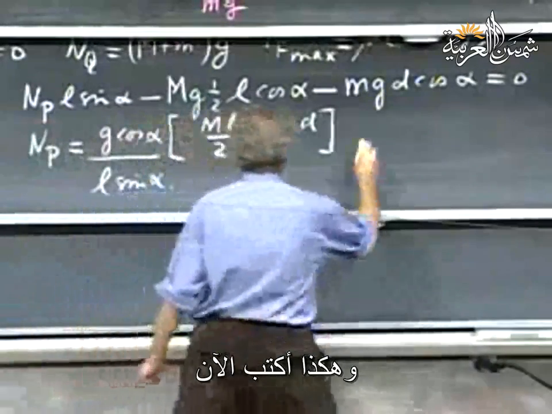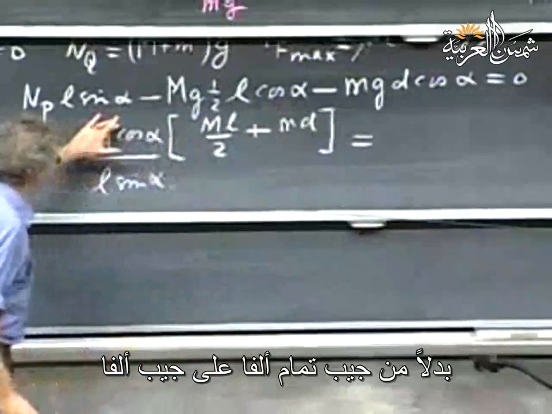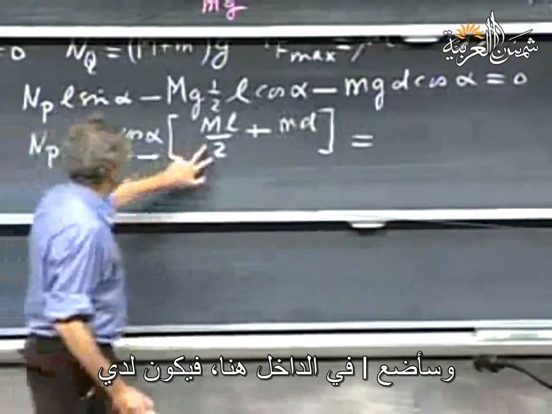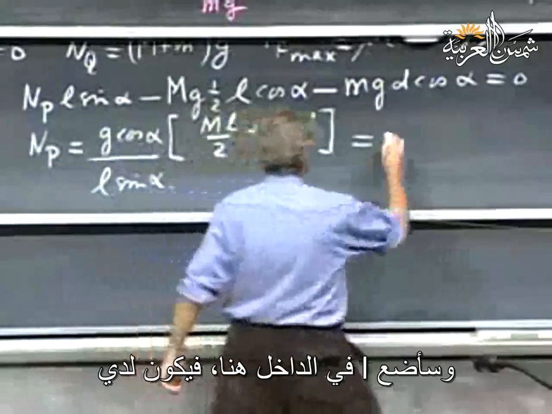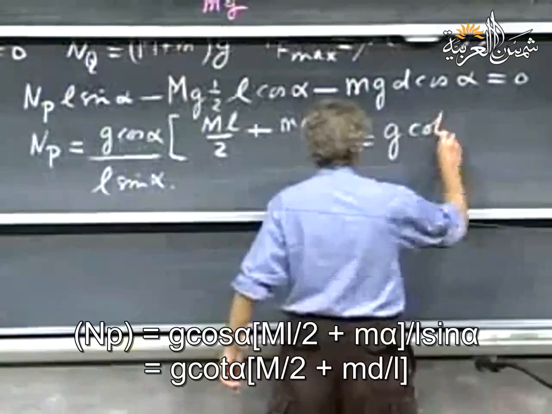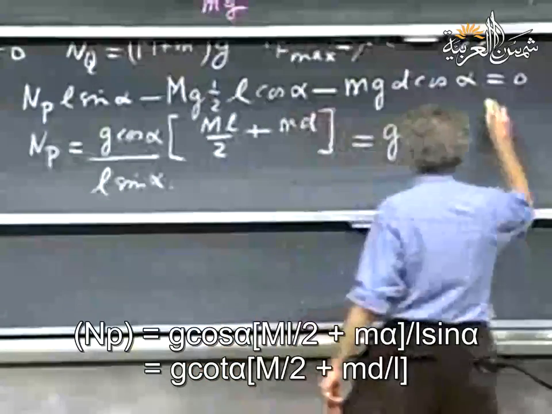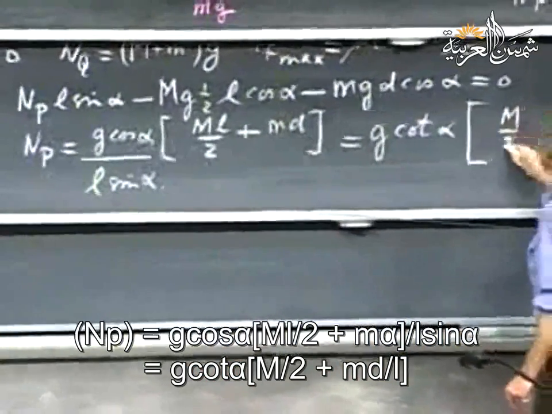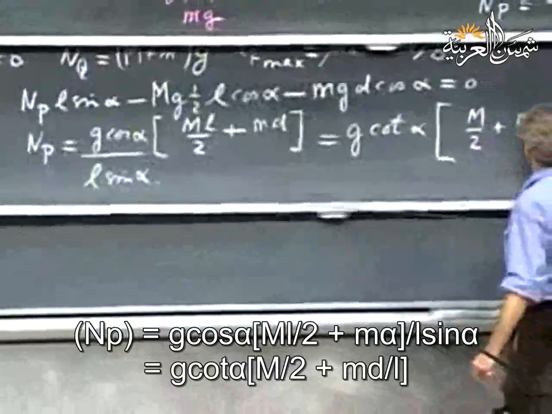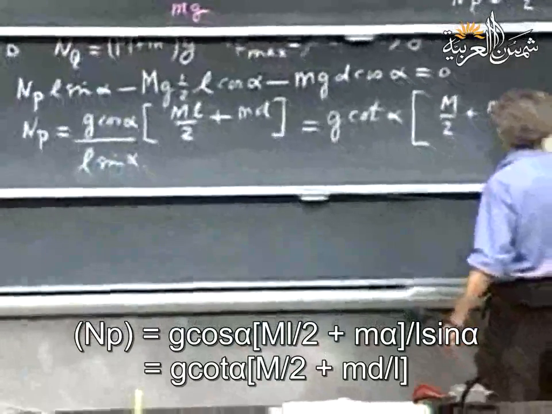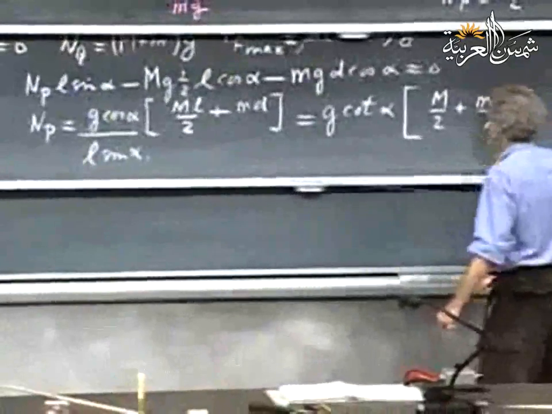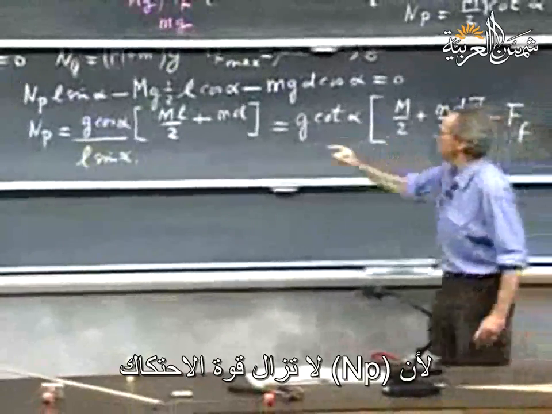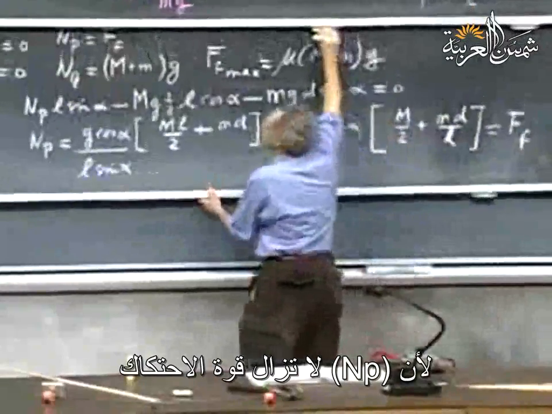And so now for cosine alpha divided by sine alpha, I can write cotangent alpha, and I'll bring the L inside here. So I have g cotangent alpha times M over 2 plus little md divided by L. And that now must be the frictional force, because N of P is still the frictional force.